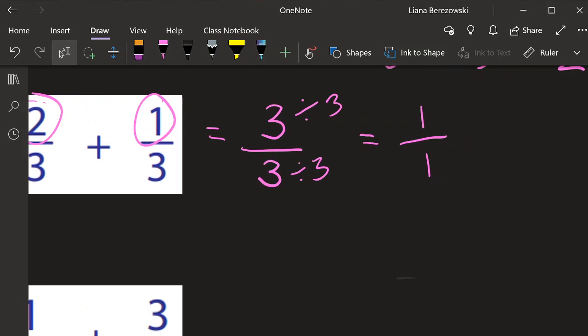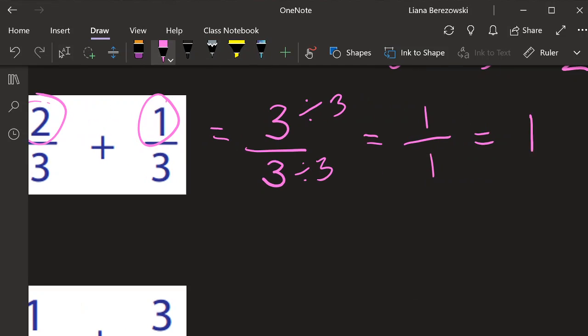Now, 1 over 1 is the same thing as 1, right? If we think of what our fractions mean, remember that this line here just means divided by, okay? So 1 divided by 1, you can type it into your calculator if you don't believe me, but 1 divided by 1 is just 1, okay? It means that you have 1 out of 1 whole sections. Okay, so you have 1 whole section.